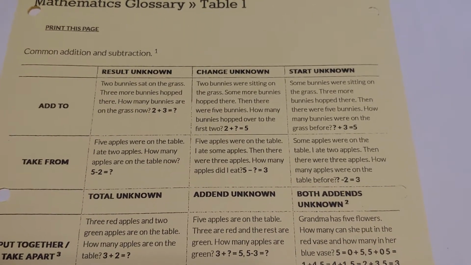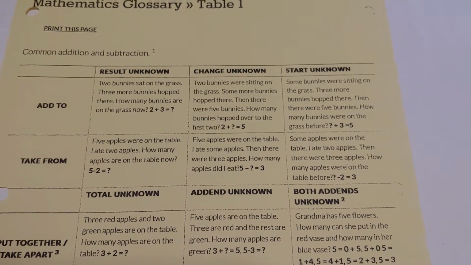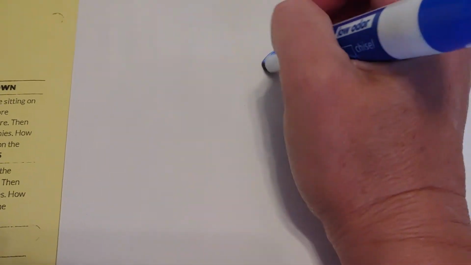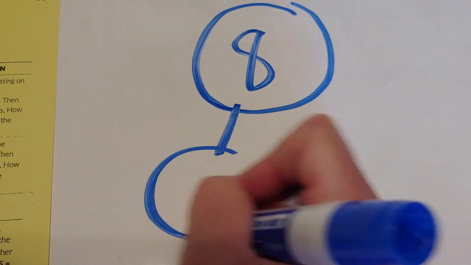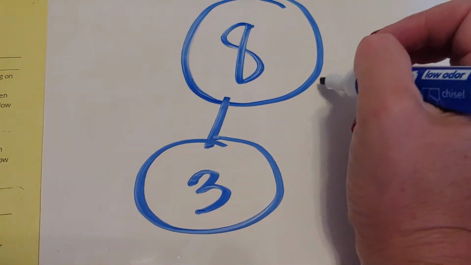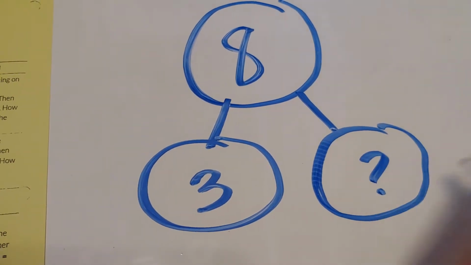So if you'll remember, in our last video we were doing a chick problem, right? And I even had the number bond that looked like this. I had 8 total chickens, 3 full-grown chickens, and I want to know what number I have.